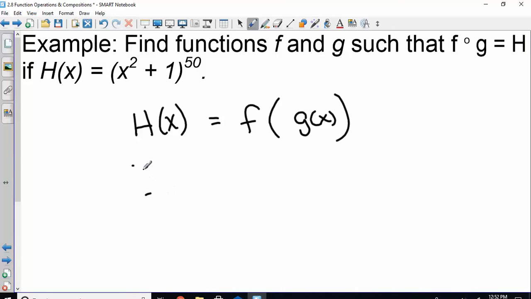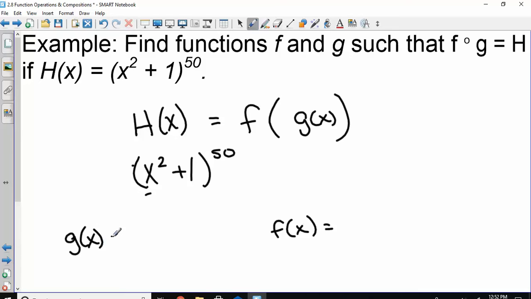So my h of x is x squared plus 1 to the 50th. I want to know what my f and my g are. On these problems, a lot of times there's more than one correct answer. You just have to give me a possibility so that when I find f composed with g, I get this answer.